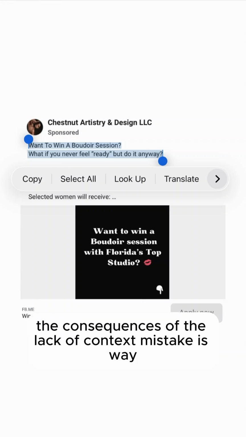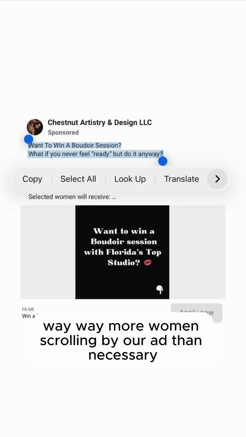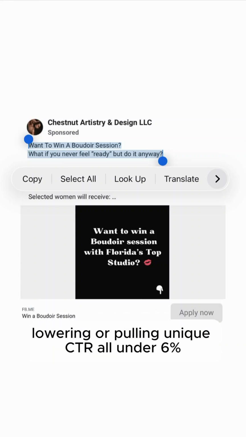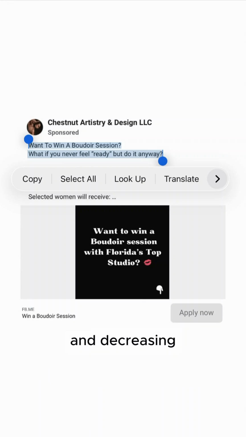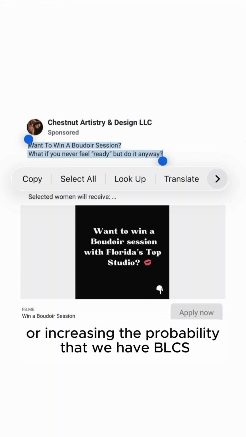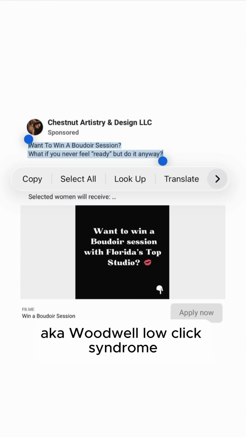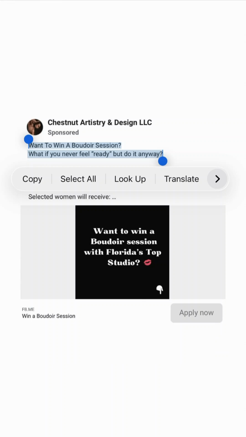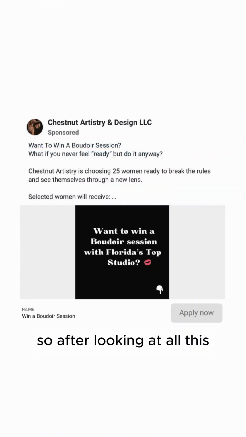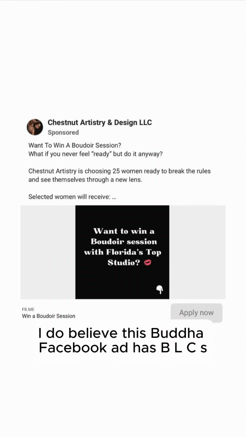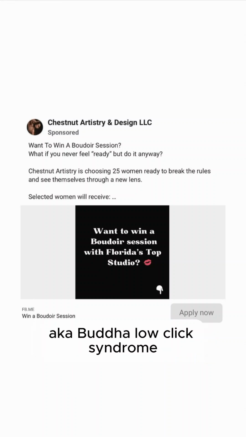The consequence is way more women scrolling by our ad than necessary, pulling our unique CTR under 6% and increasing the probability that we have BLCS, aka boudoir low click syndrome. So after looking at all this, my diagnosis is yes, I do believe this boudoir Facebook ad has BLCS.